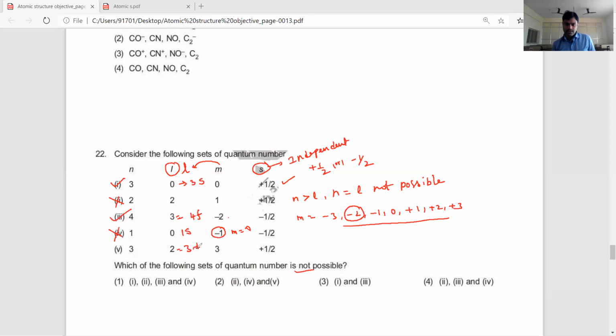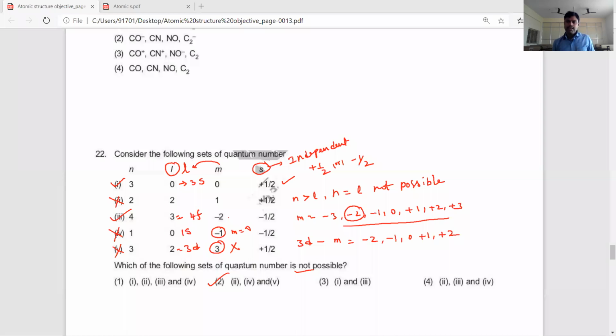For 3d orbitals, the possible m values are -2, -1, 0, +1, +2. But 3 is not possible. That's why the fifth one is also not possible. So the not possible sets are second, fourth and fifth. Second, fourth and fifth means the second option is correct.